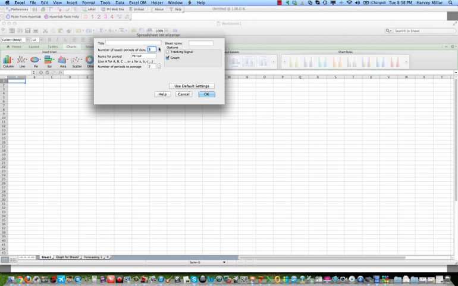The number of periods of data, I will say that I have 6 periods of data. And then the number of periods in my moving average, let's just do 2 for now. And I'll just say weighted moving average. The sheet name, we'll call it 2MA, which basically means a 2-period moving average.